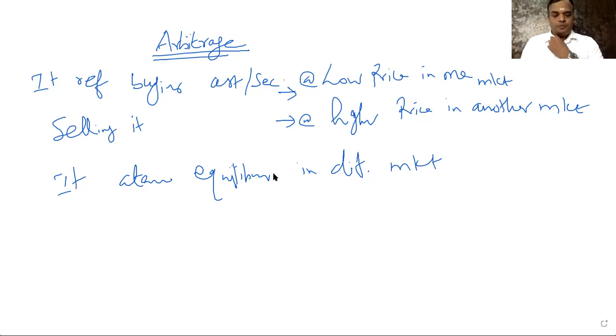Investor of the firm, in case of shares and securities, investor of the firm whose share value is high will sell the share and buy the shares of the firm whose value is lower. I am having a share, my company share price is high, then as an investor what will I do? I will sell the share, and that sales profit I will invest in another company's share.